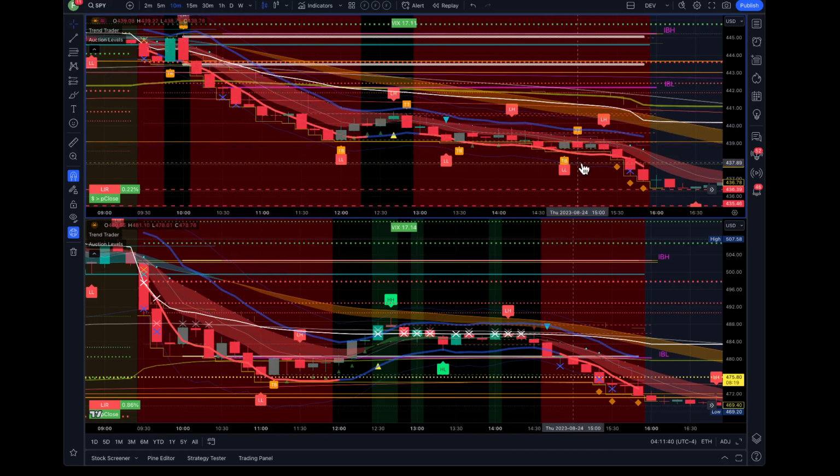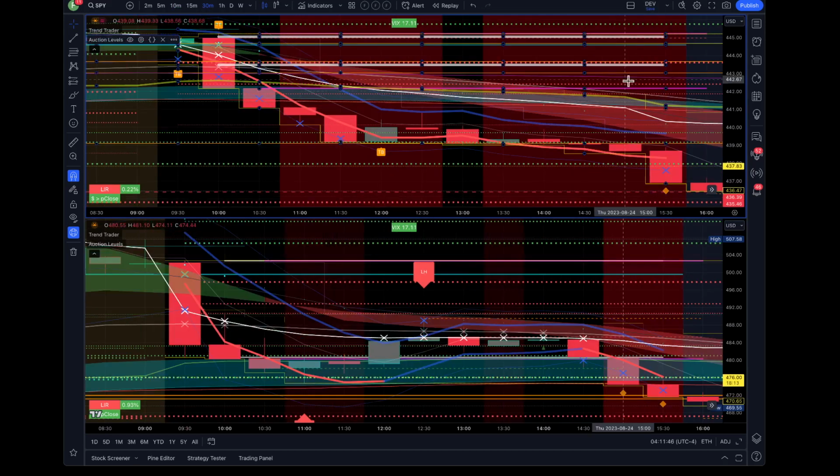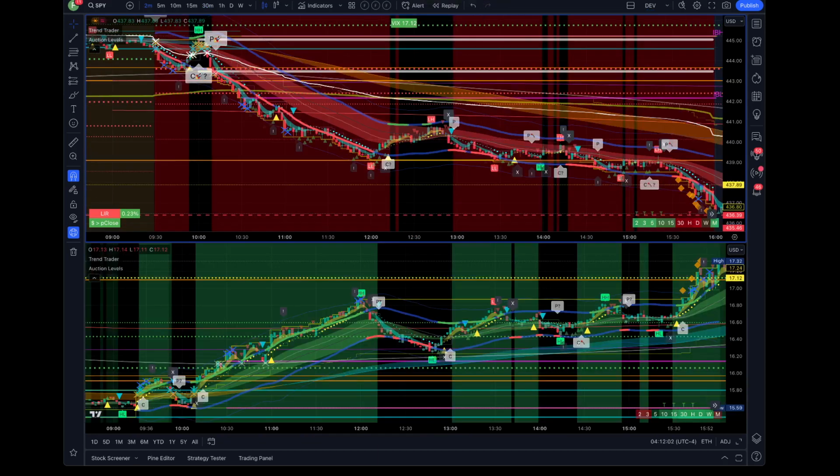This makes it quite obvious that we're in a downtrend. And you can go a step further. You can look at SPY on the 30 minutes, and the lower band stays red the entire day. Those are all clues for trend days. Learn how to recognize them so you can play them better.